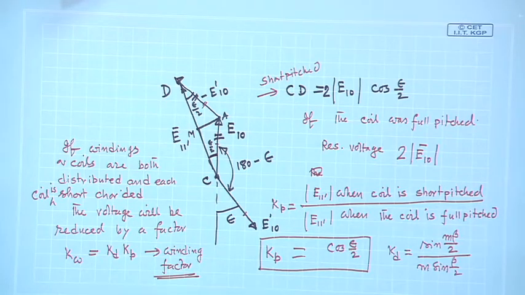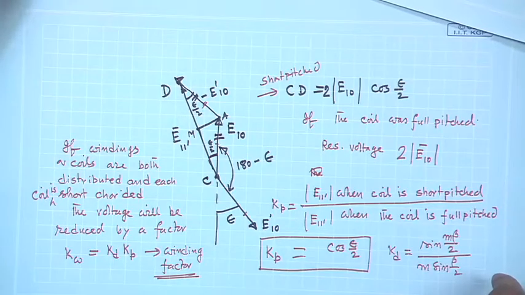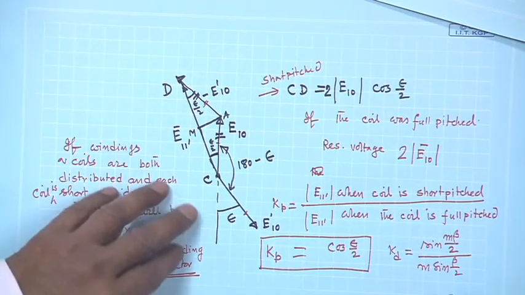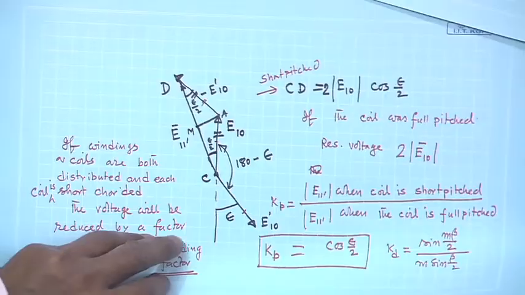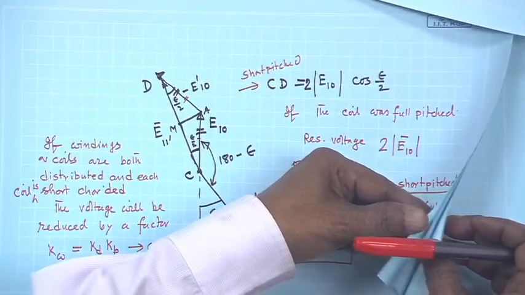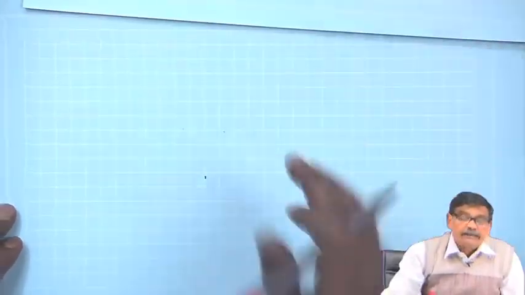Understood? Now I can easily tell you the reason why it may be worthwhile to go for short pitching. You recall that the B distribution in space is not purely sinusoidal. It will have space harmonics, and these harmonics are odd.